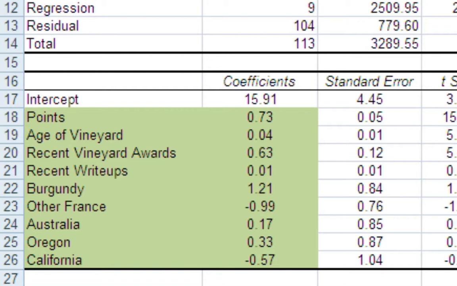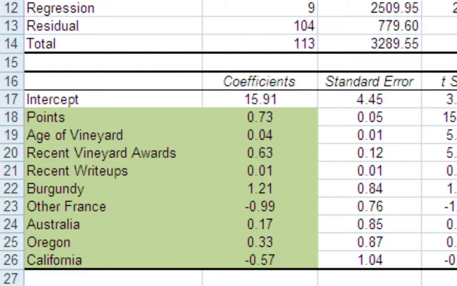A bottle from Burgundy would fetch a $1.21 price premium over, well, that is the question now, over which areas? Well, since the default is the other regions, Burgundy would fetch a price premium of $1.21 over wines from other regions.